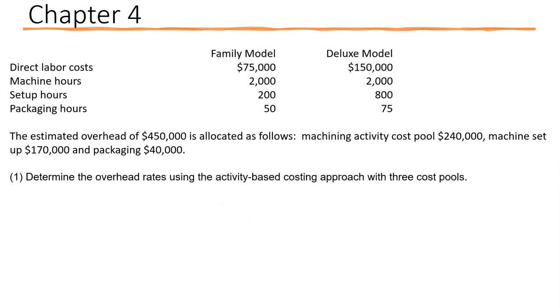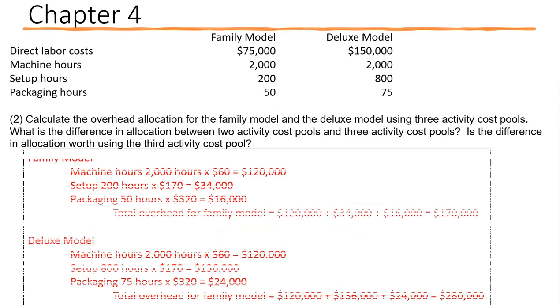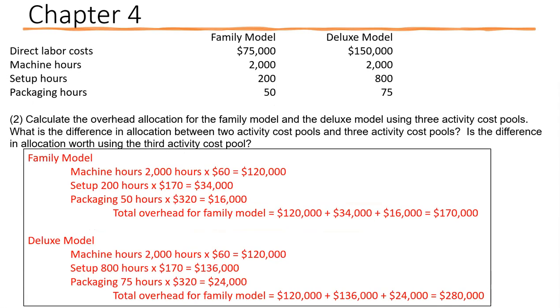From my perspective, we've introduced a lot more complexity by having that 3rd cost pool. We have another activity to manage and track in packaging hours, and it doesn't really give us better data necessarily.